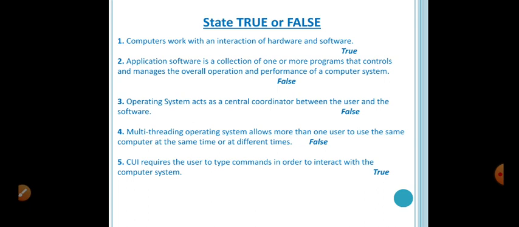It is also false. In place of multi-threading, it should be multi-user. CUI requires the user to type commands in order to interact with the computer system. Yes, it is absolutely right.